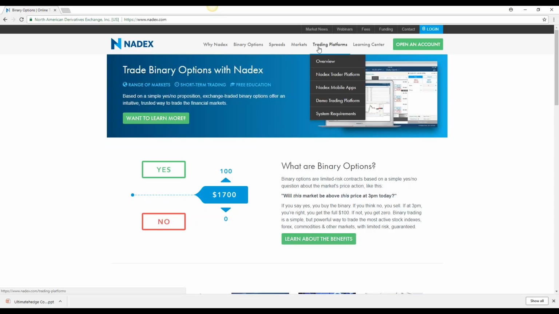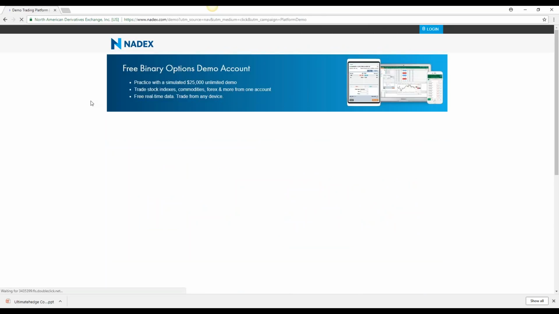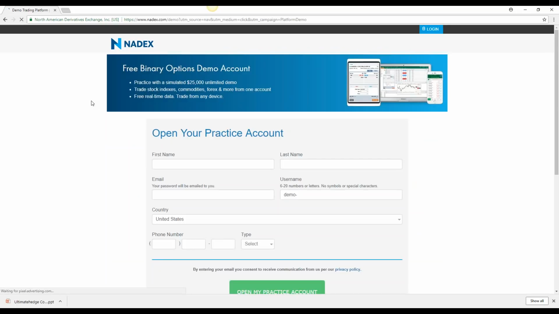Nadex has trading platforms, and you can go directly to their online trading platform. But right here, demo trading platform. If you don't have one of these, grab one real quick. Nadex will give you a free $25,000 demo account. That way you can get in there and get familiar with the Nadex demo platform and how to enter and exit orders, execute orders.